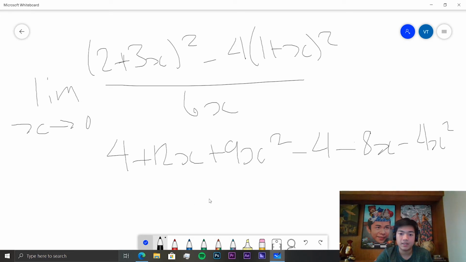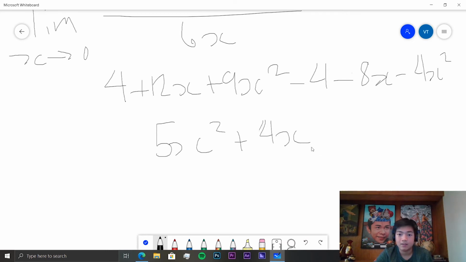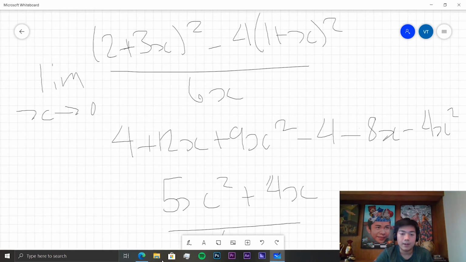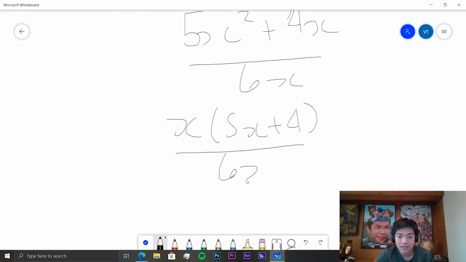And so this would be equal to 5x squared plus 4x over 6x, and we can factor this into x times (5x plus 4) over 6 times x.